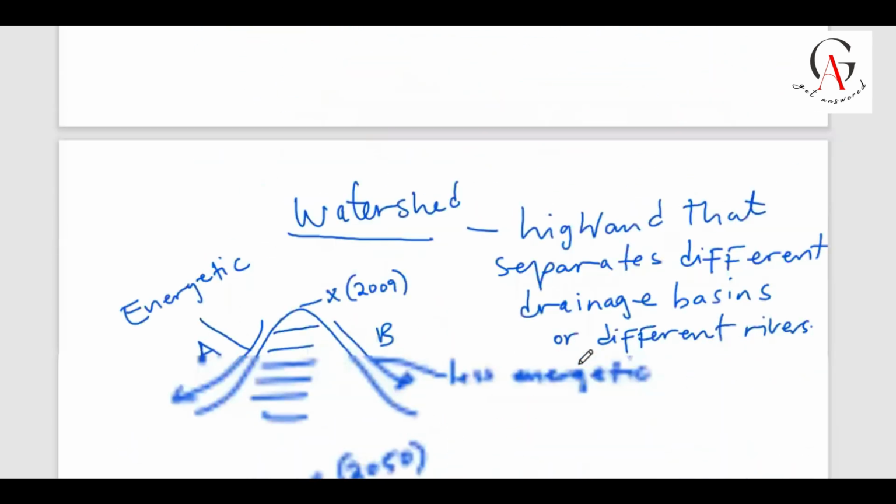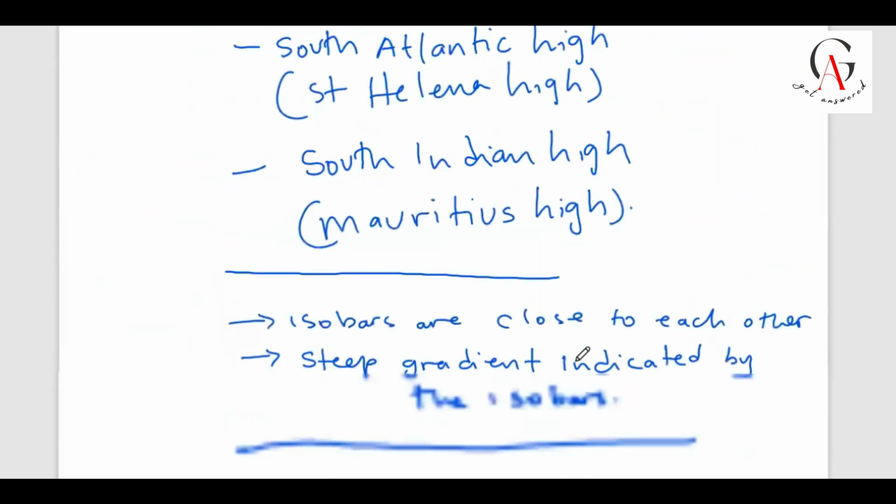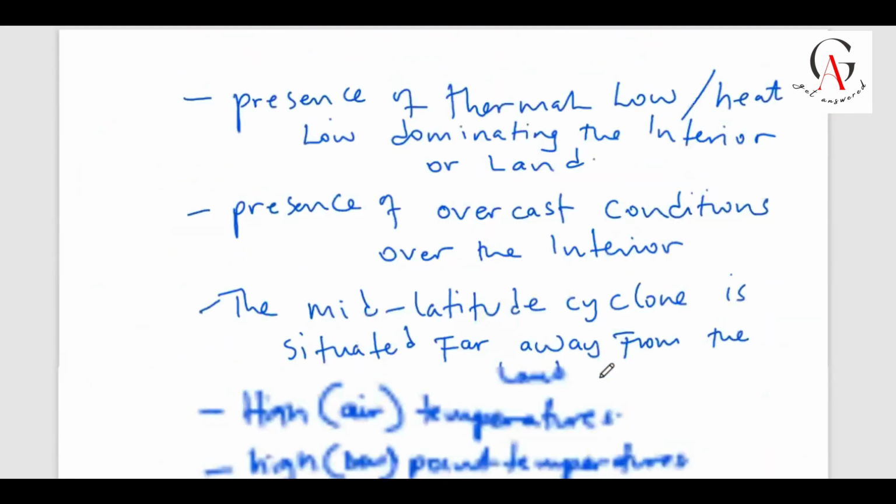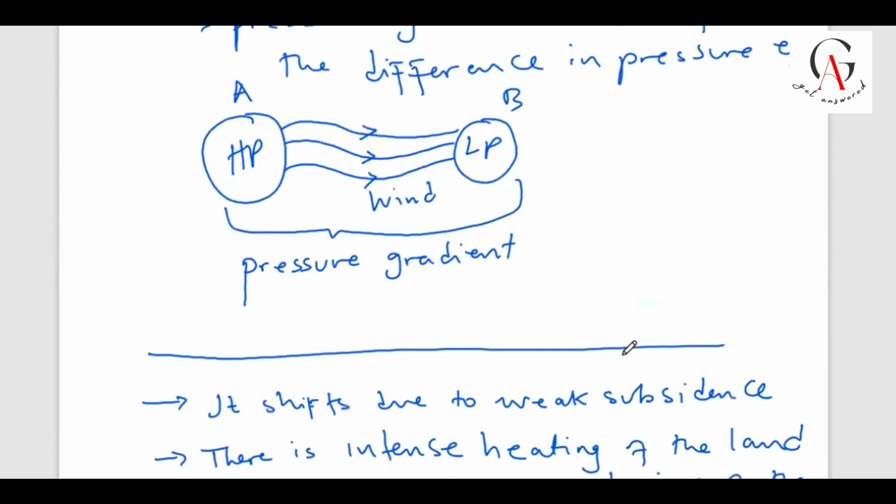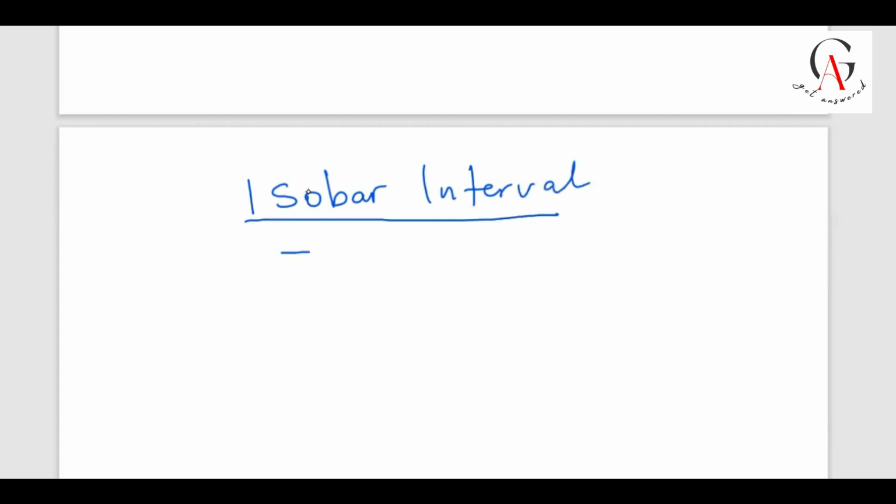Let me check again here. Okay, I just need a blank page. Look at the isobar interval. This refers to the difference between two isobars.